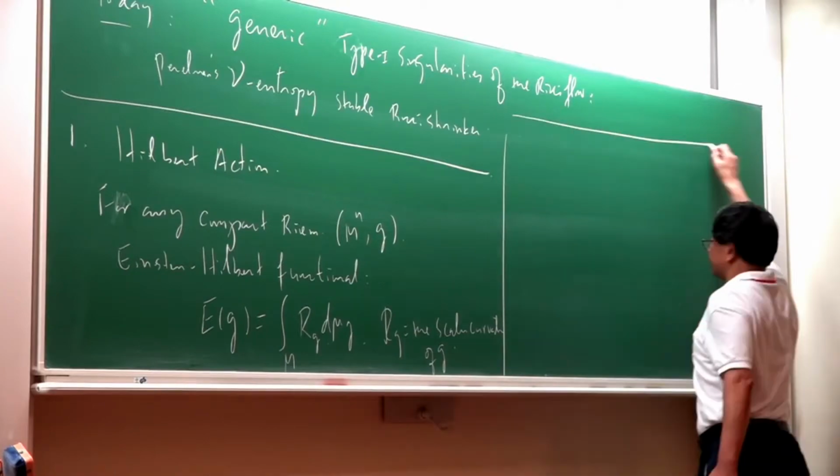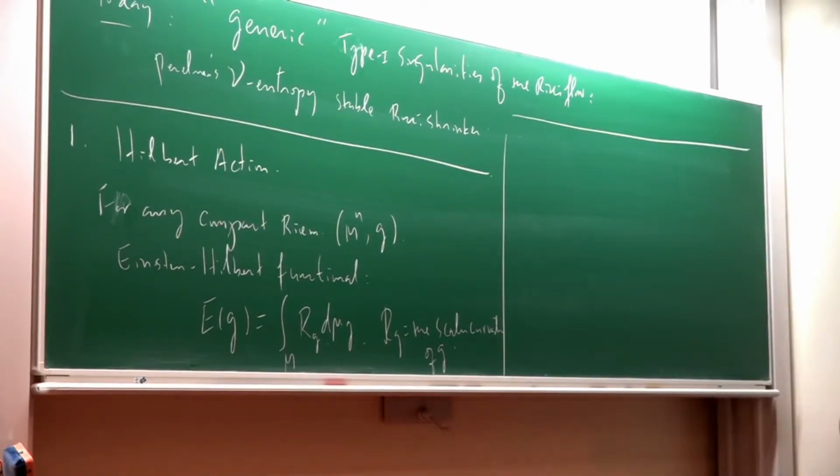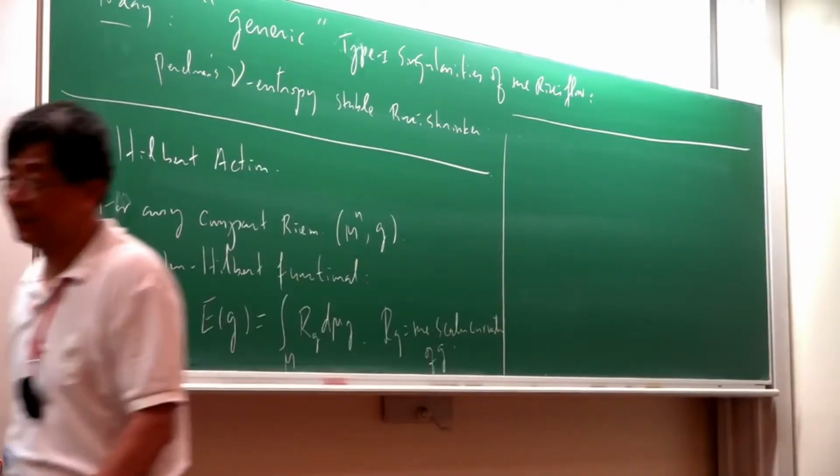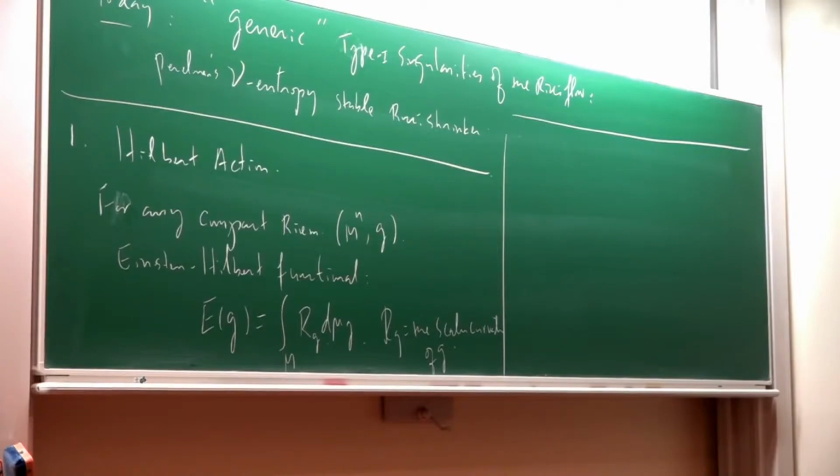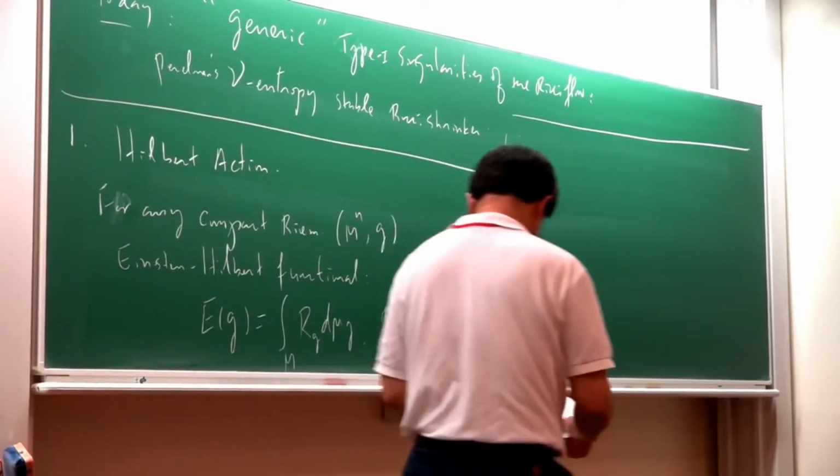Now, are the graduate students a bit familiar? I may mention just some of the variations in this case. Then the first critical point is a Ricci flat metric.